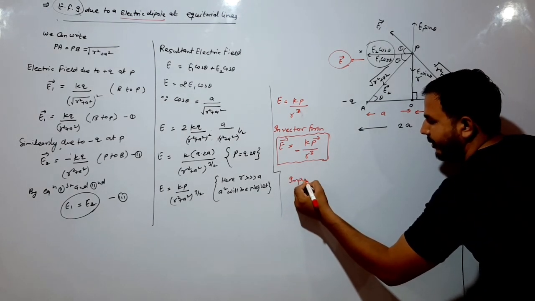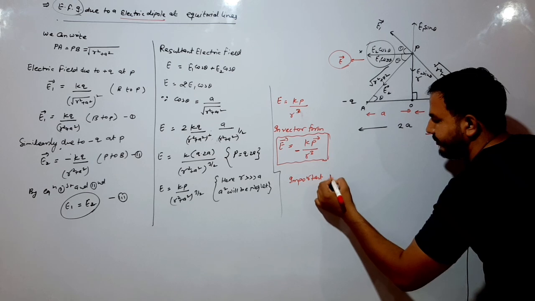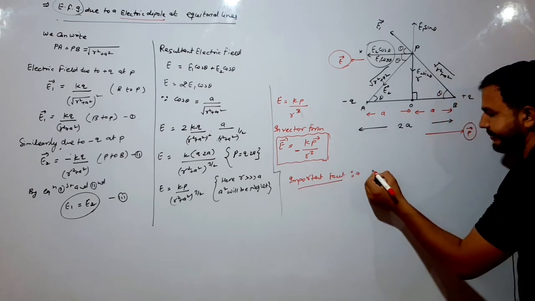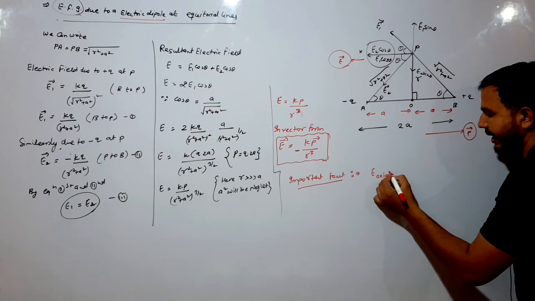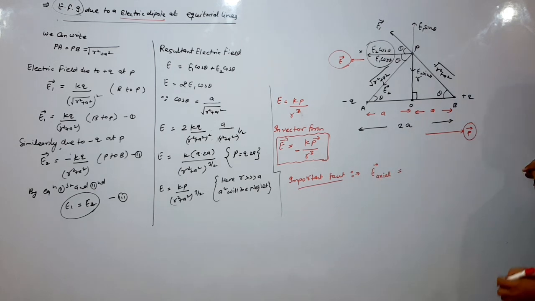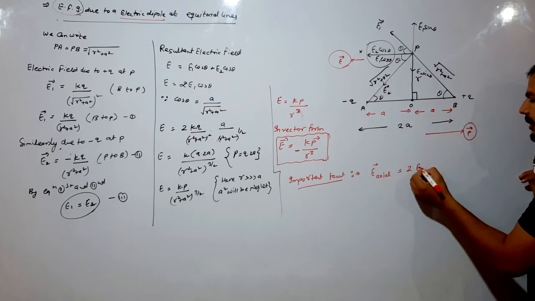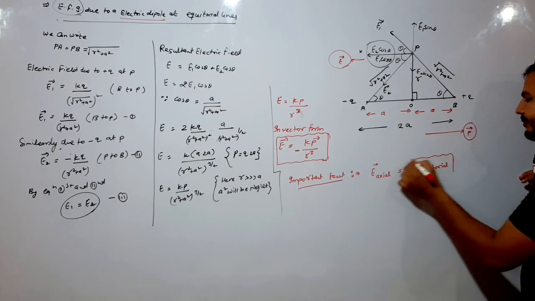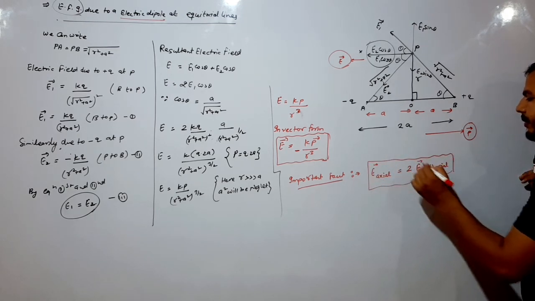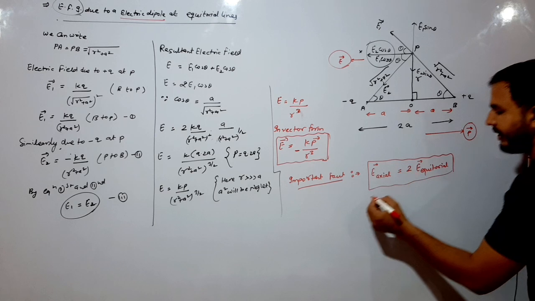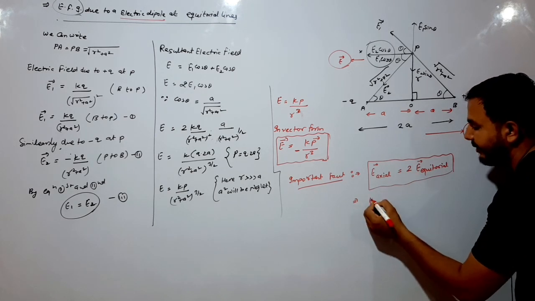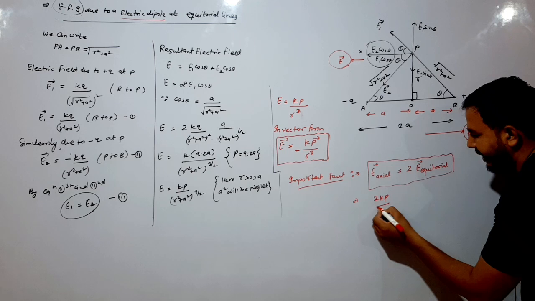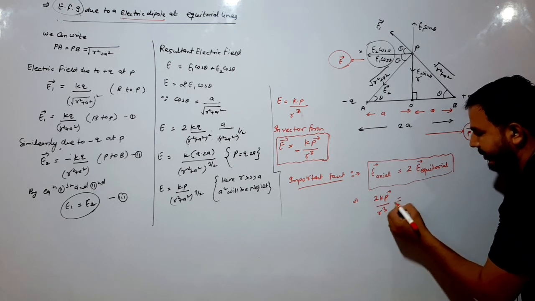Important fact also. The important fact is only that E axial is equal to 2 into E equatorial, because we know that at the axial line the electric field intensity is 2kp vector upon r cube.